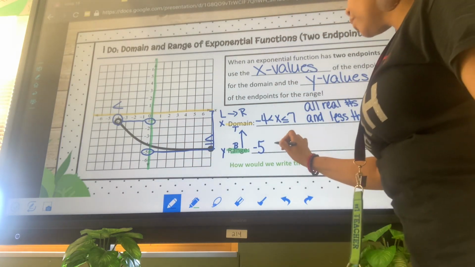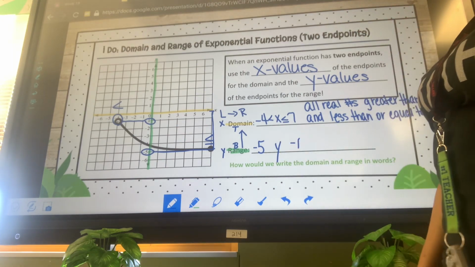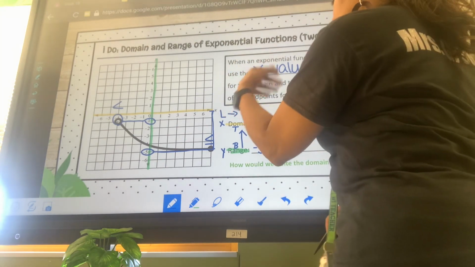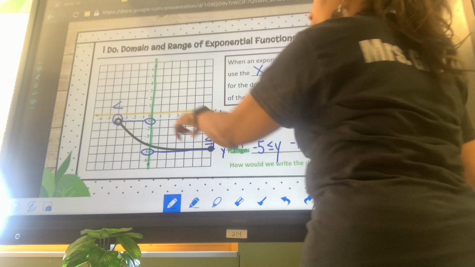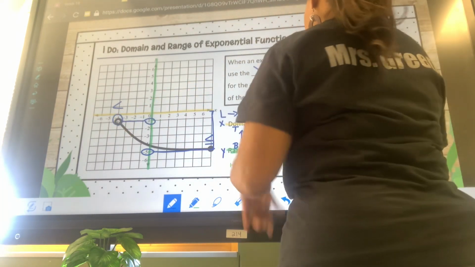Since it's range, there will be a y in the middle, and I need the symbol where the -5 is, and then the symbol where the -1 is.